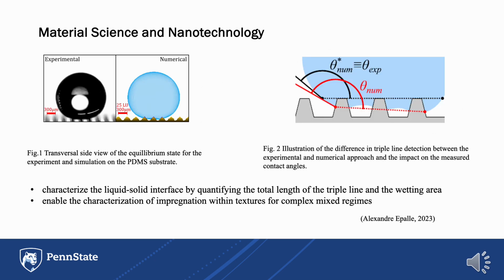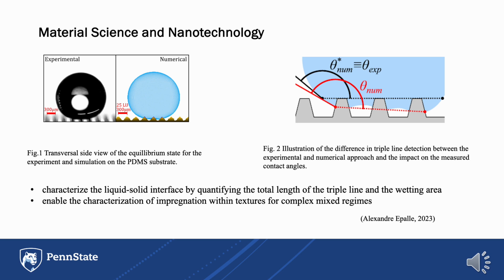In the material science and nanotechnology field, here is an example. Alexandra in 2023, their group used LBM solutions to characterize the liquid-solid interface by quantifying the total length of the triple line and the wetting area.